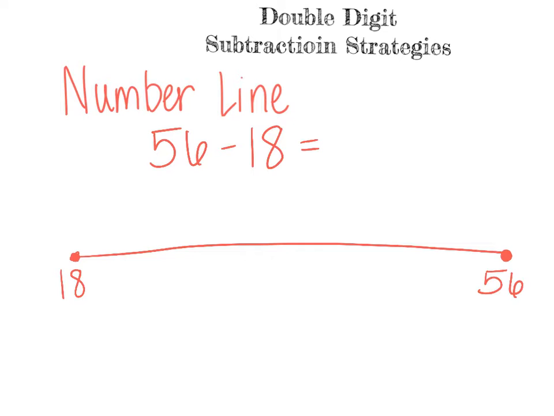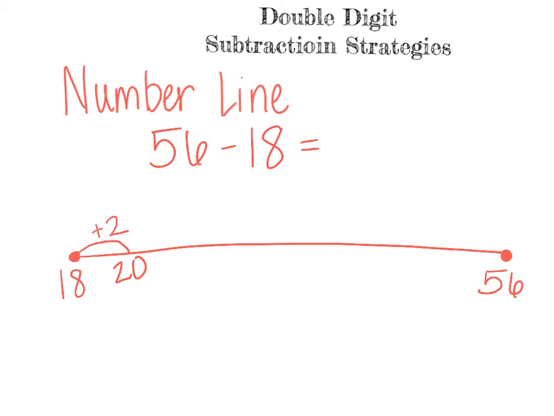So I need to jump to a friendly number, and I know that 18 is close to 20, so I'm going to jump to 18 plus 2 equals 20. And now I'm trying to get to 56.